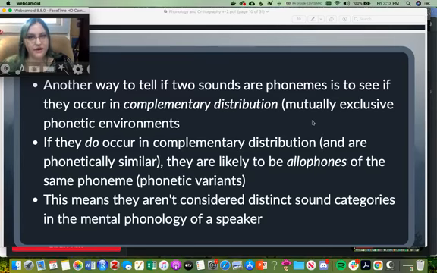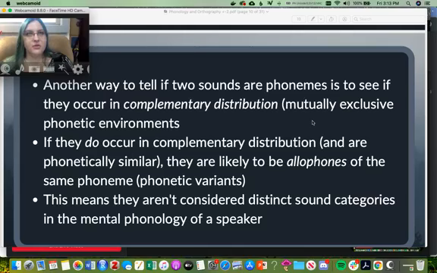They differ in that T is voiceless, so you don't activate the vocal cords, but D is voiced, so you do activate the vocal cords. So they're a little different from each other, but they're also quite similar. If sounds are phonetically similar and in complementary distribution, it means that they occur in mutually exclusive phonetic environments.